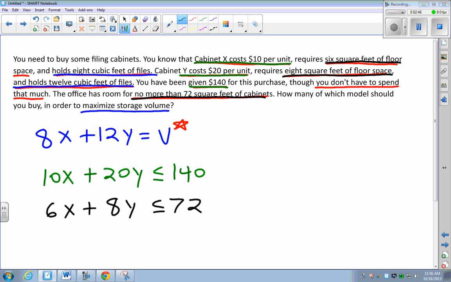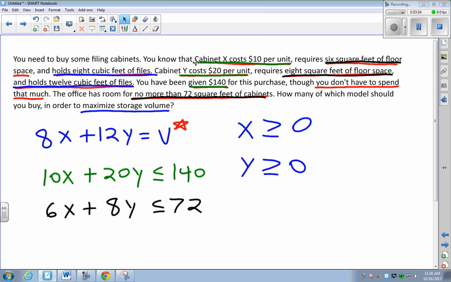Okay, the other ones, there are 2 more inequalities that aren't exactly stated within the problem, but can be assumed. You can't buy negative cabinets, right? So our file cabinet X has to be greater than or equal to 0. And our file cabinet Y has to be greater than or equal to 0.